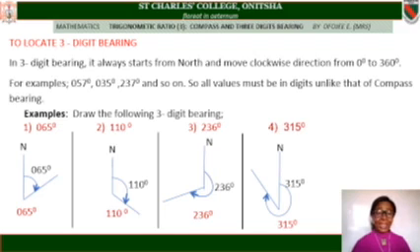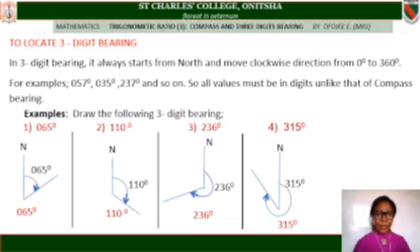But remember, it must start from north and move. And we said it is 3 digits. So the values are always what? 3. If it is not up to 3, you use 0 to update it, as you can see in the examples. First, 057 degrees. The next, 035 degrees.